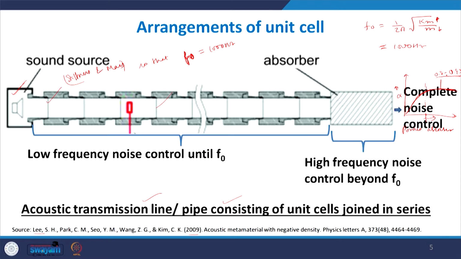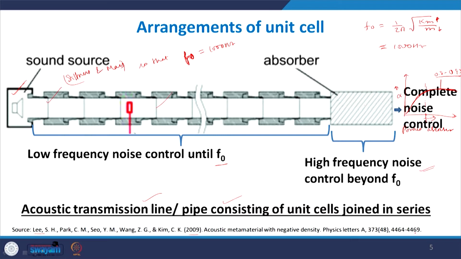So, what we get effectively is that this particular portion is responsible for controlling the noise until a certain frequency. So, all low frequency noise, and this f naught can be manipulated to be any value, say 500, 1000 and so on. The low frequency noise control happens using the first part, and then the high frequency noise control happens beyond this range using the porous absorber.